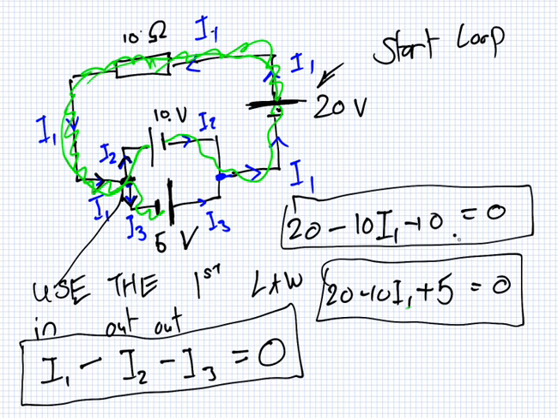Look, I'll do another example. I'll make up an example. Can I scroll down? Yes. Here's one. This resistor is 10 ohms.